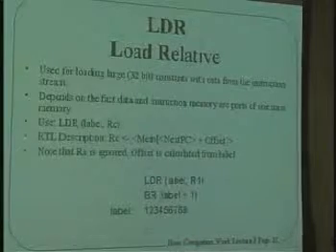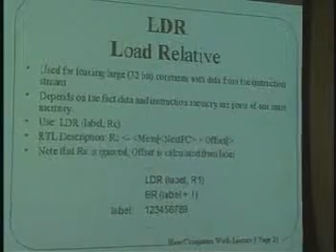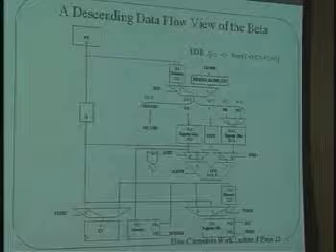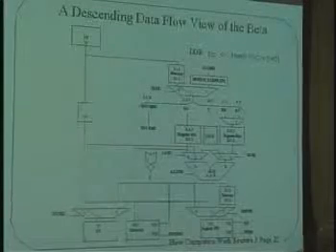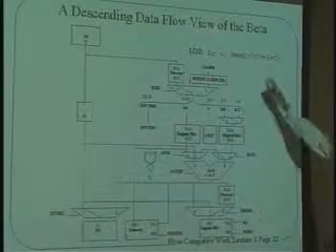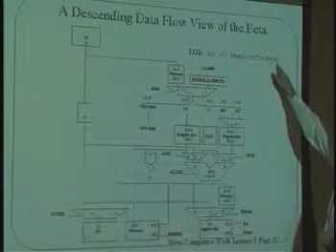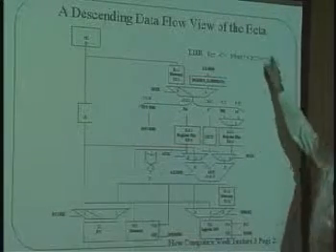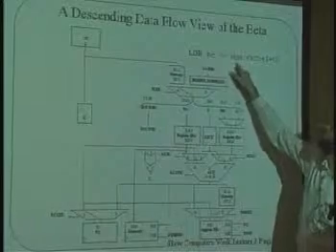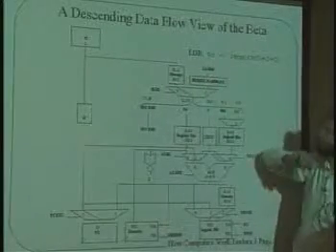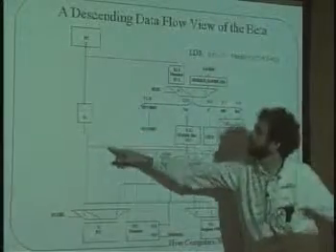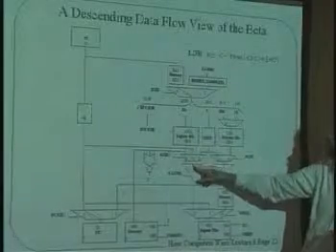It turns out that LDR can be implemented in the following way. LDR: we want to take the contents of the PC plus 1, add a constant to it, look that up in the memory, and put that into RC. Here's PC plus 1. We take that over here, feed it into the ALU.